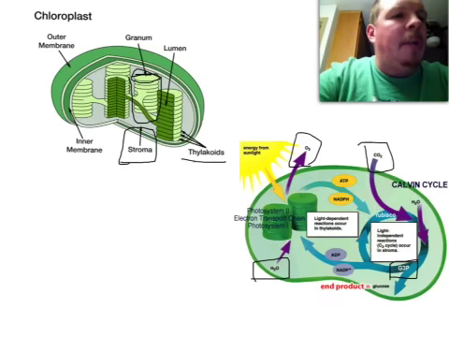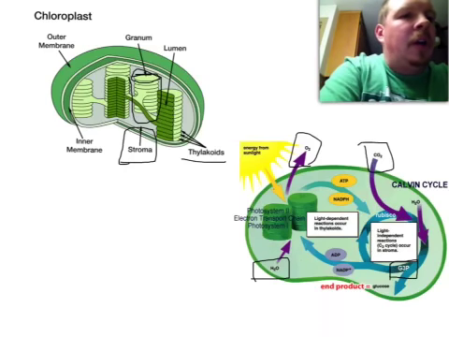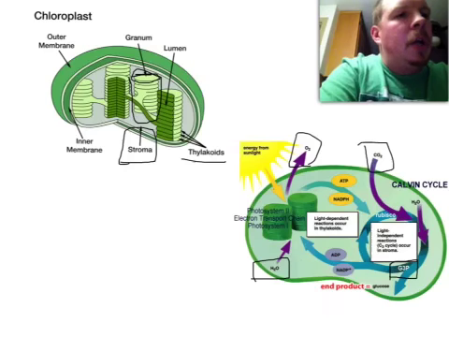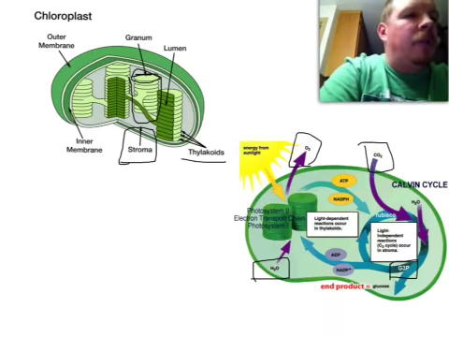And what actually happens is this cycle down here, called the Calvin cycle, goes around twice. So this happens 2 times.